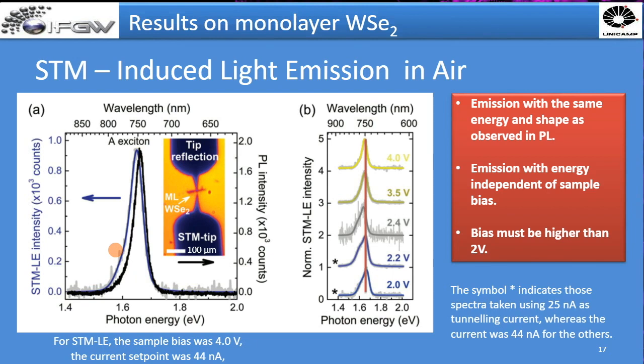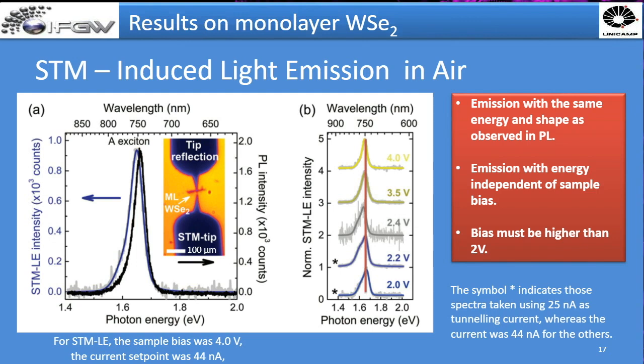And there are several reasons why this is interesting, but one of them is that we are really trying to look at the sample from an electronic perspective. We know that in photoluminescence we create an electron-hole pair, but here we're just injecting electrons and trying to get luminescence out of it.